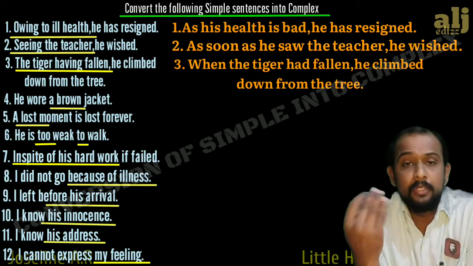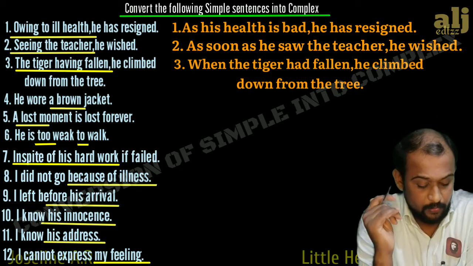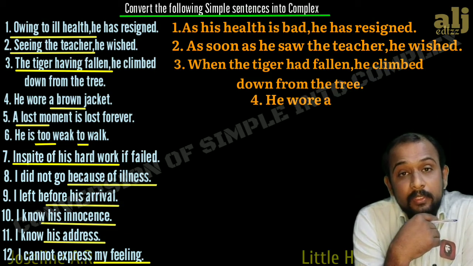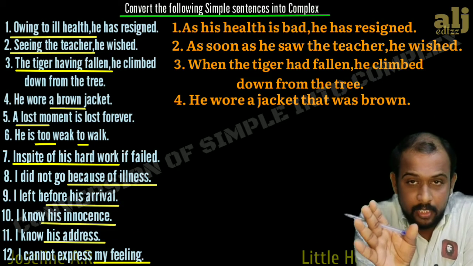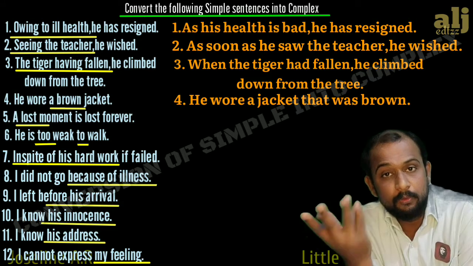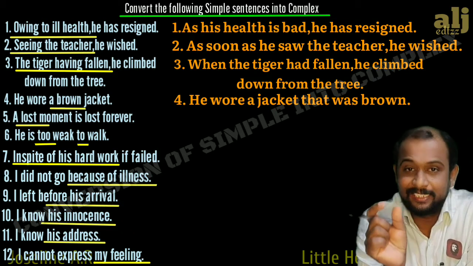You convert this brown into a clause. He wore a jacket that was brown. He wore a jacket is the main clause. That was brown. What was brown? The jacket was brown. So that was brown is the subclause. Okay, see the subordinator that.